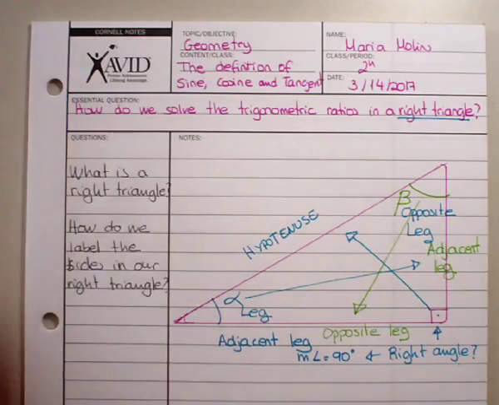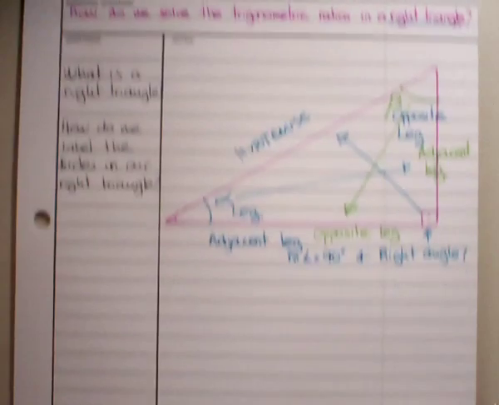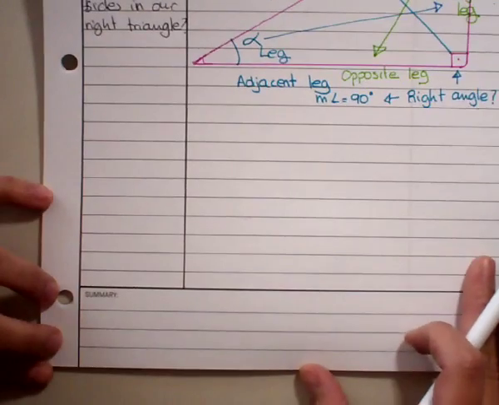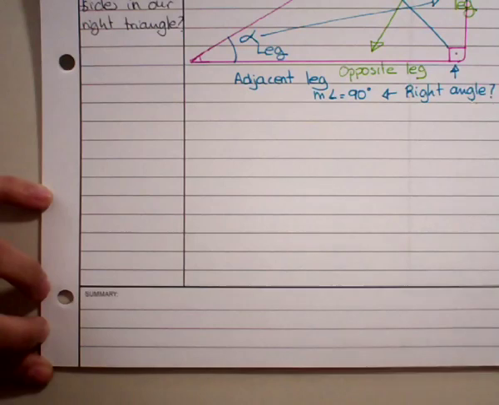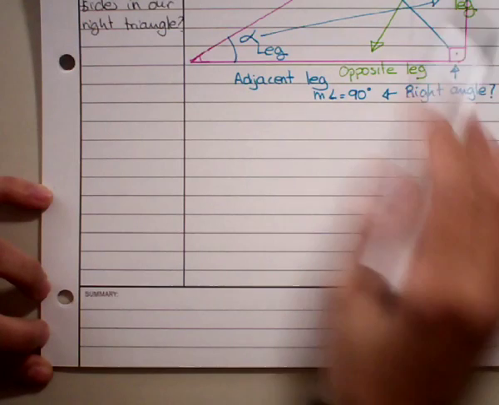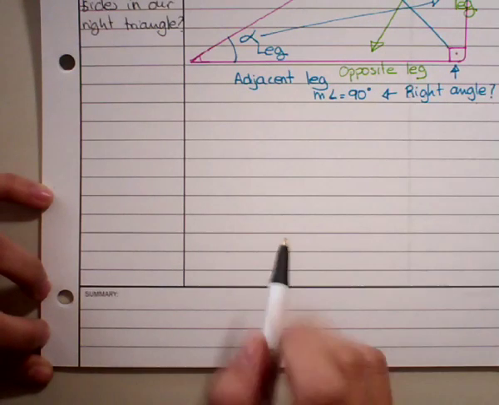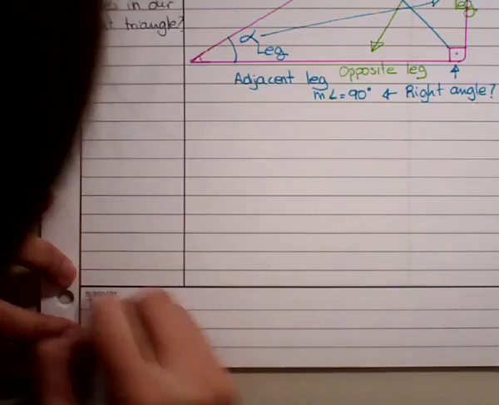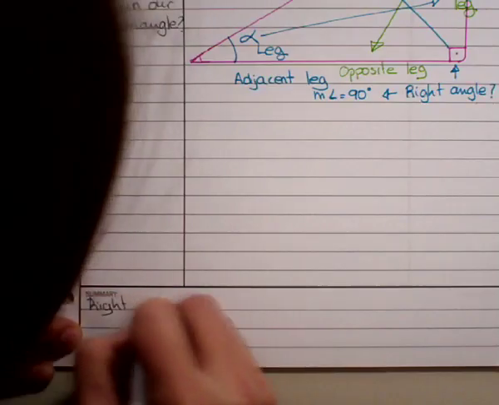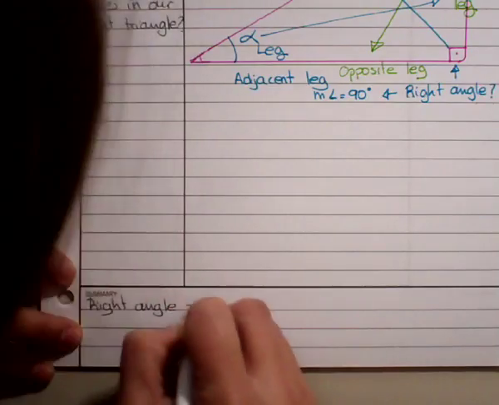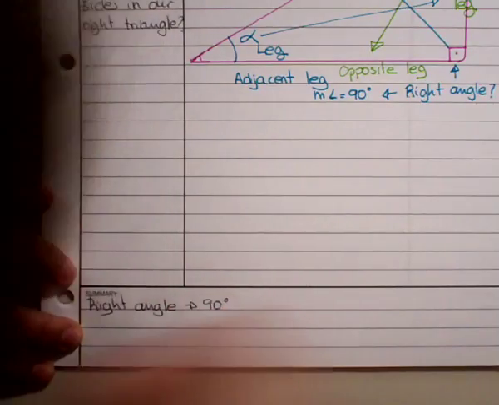And finally, you need also to complete your summary here on the bottom. What we can write in here, we could write the definition of any of these terms that we learned. Right angle, 90 degrees angle.